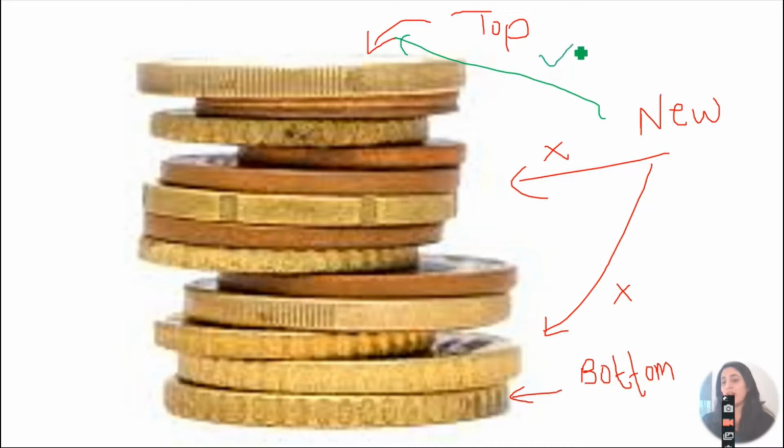So every time you want to insert a new coin, you have to place it on the top. And when you want to delete something, you can pick from the top. So we can place a new coin on the top and we can pick it from the top. This is the main function that a stack follows.